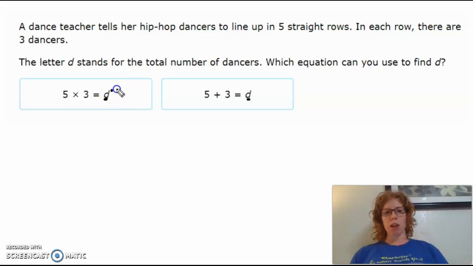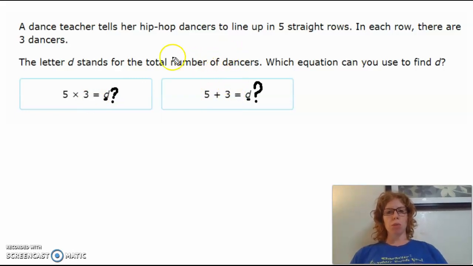So we could say 5 times 3 equals what? Or 5 plus 3 equals what? So we also need to figure out, is this word problem representing 5 times 3 or 5 plus 3? That means, are we adding 5 3 times, or are we adding the number 5 and the number 3 together?